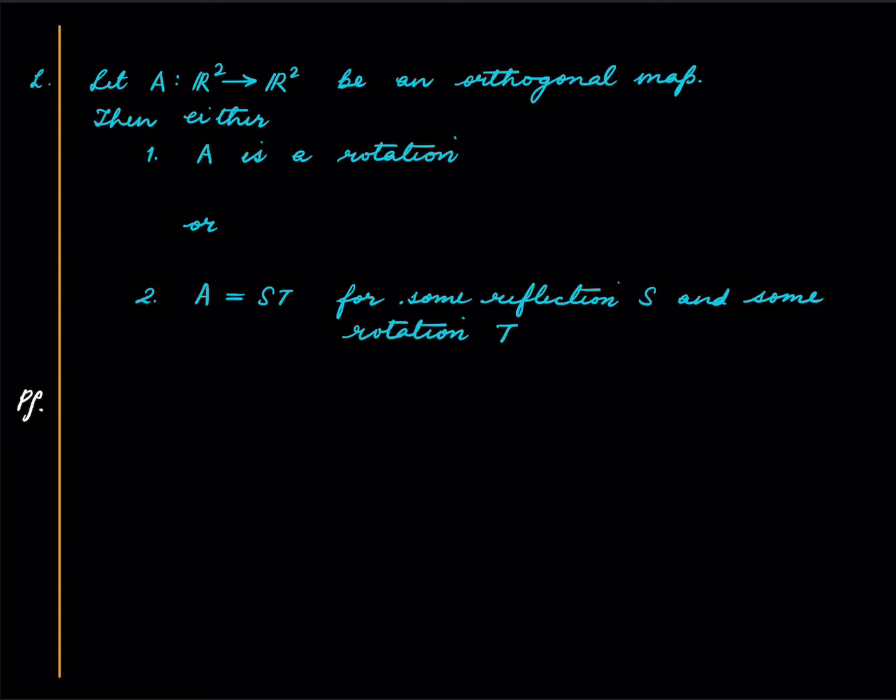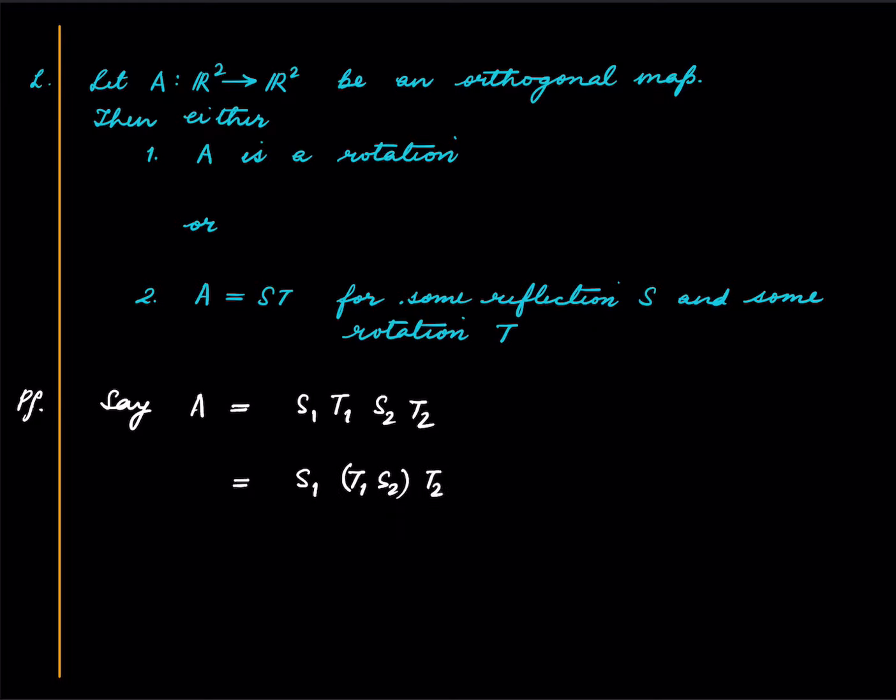So let me just show you the proof in a very simple case. Say A equals some reflection, then some rotation, then some reflection, and then some rotation. Let me just show you the proof in this particular example, and the general case will be very clear once you see this. So what we have is, this is S1. I will think of it that way, bracket this and T2.